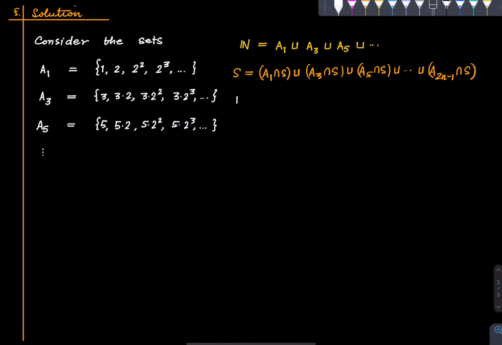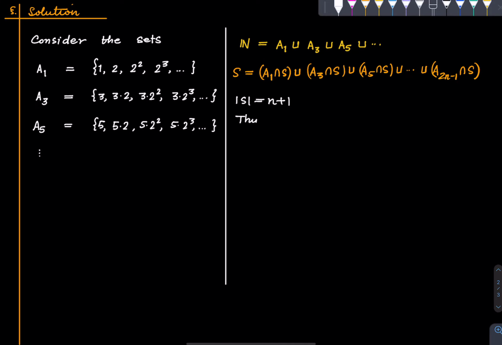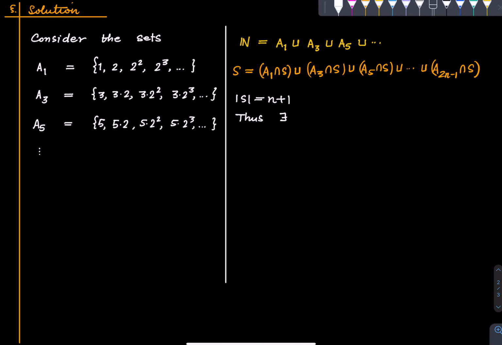Now the size of S is n plus 1, and the elements of S are put in n boxes, so by common sense, or the pigeonhole principle, it follows that there exist, this is the symbol for there exist, two different integers, let us call them P and Q, in S. So all this says is that there exist two distinct integers P and Q in S such that P and Q lie in A_i intersection S for some i.